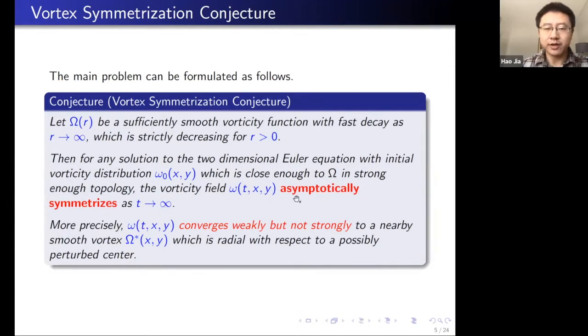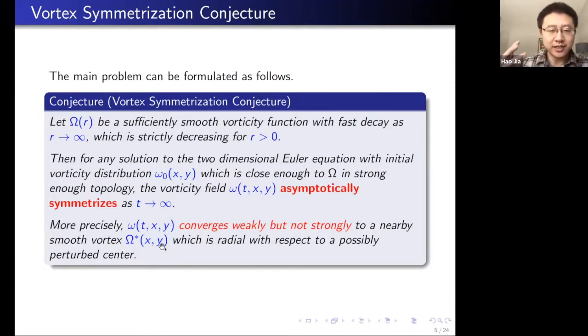So what does it mean to be symmetrized? More precisely, we want to say that this vorticity field, as time goes to infinity, converges weakly but not strongly to a nearby smooth vortex, omega star. The convergence is only weak, so the process of stabilization is a violent process. It's not a smooth convergence, it's a rough convergence.